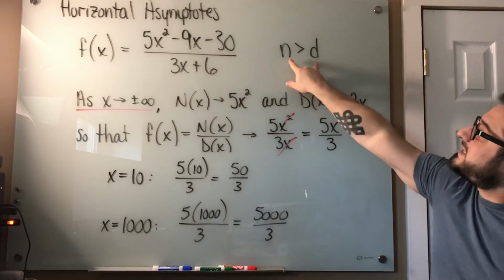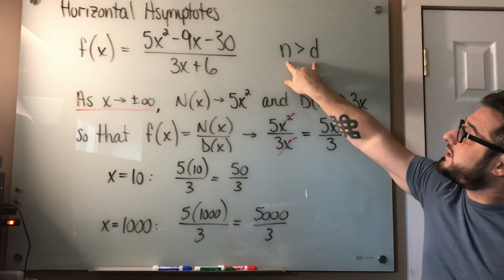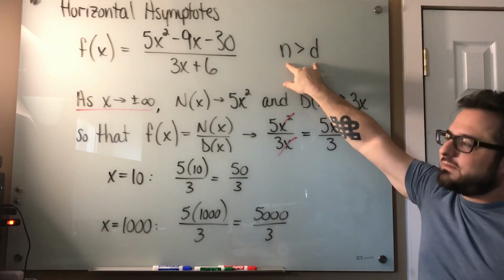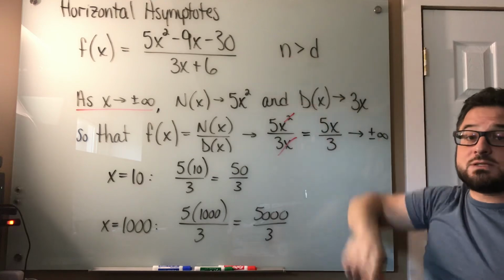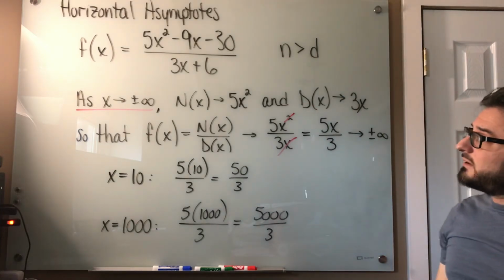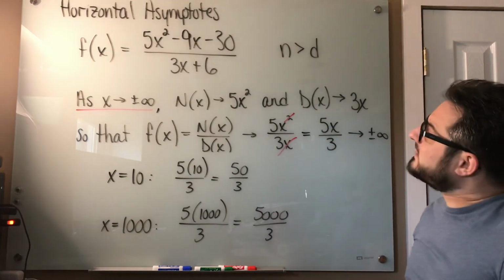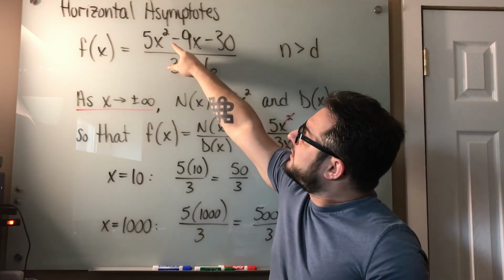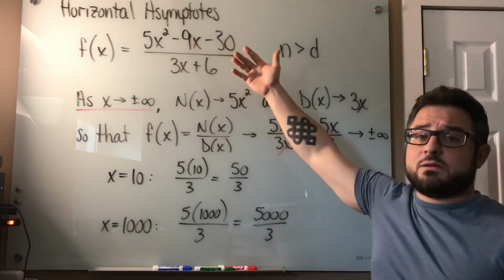Now, what makes this situation different from the other two is that we can actually divide this. I mean, technically we can divide when the degrees of the top and bottom are equal, although in that case it almost seems silly, but when the degree of the top is larger, well, remember the rule for division.